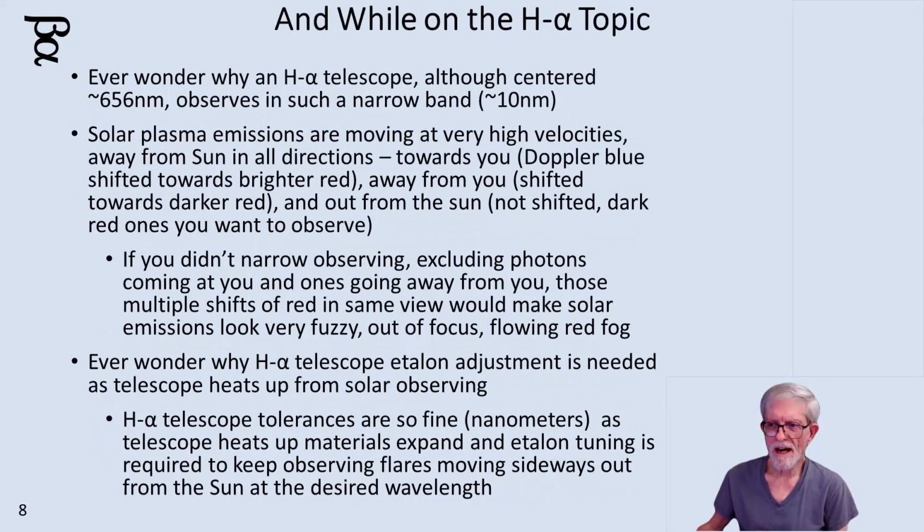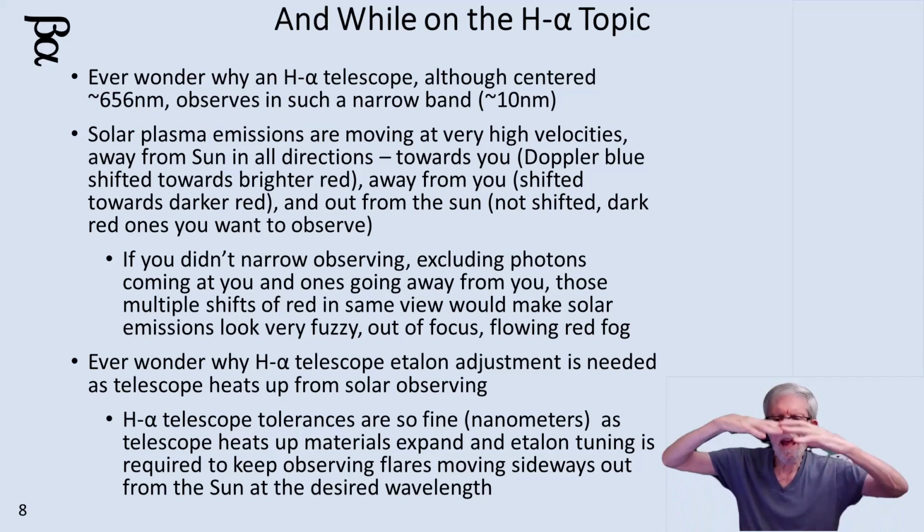So while we're talking about it, hydrogen alpha telescopes are centered around 656 nanometers, but the bandwidth that they're observing is only about 8 nanometers wide. And why would that be the case?